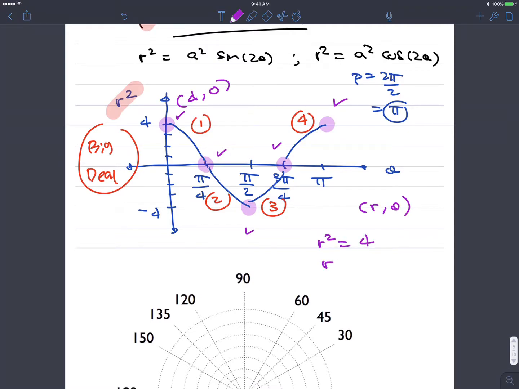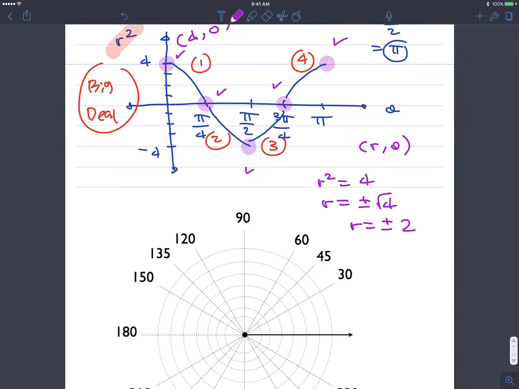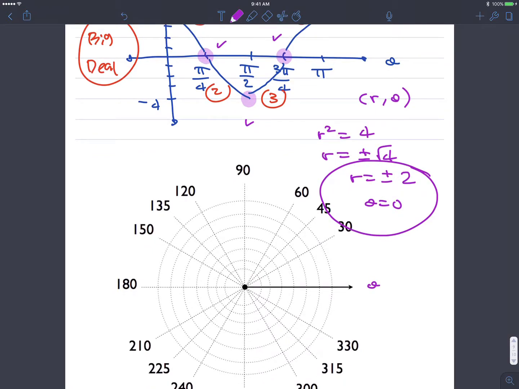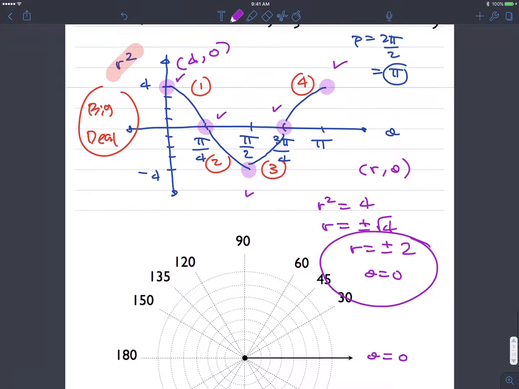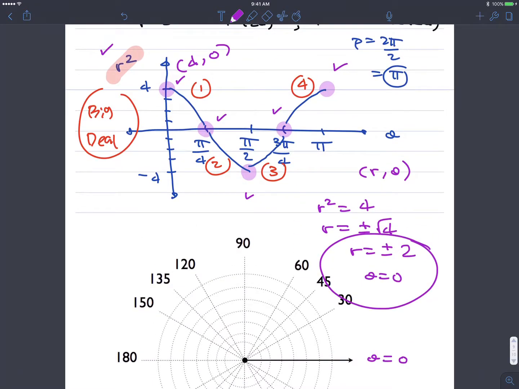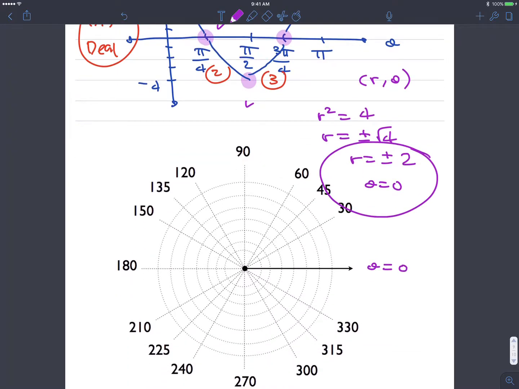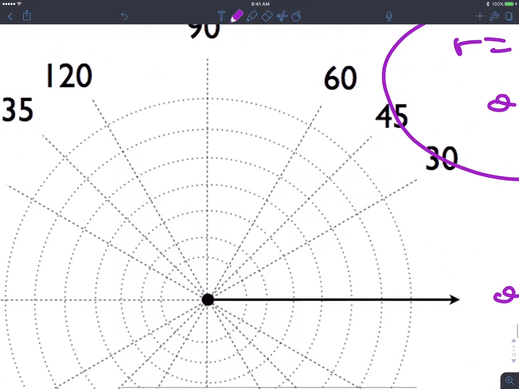But what does that mean about r then? Plus or minus square root of 4. R is plus or minus 2. For what angle of theta? Something for theta being 0. So for theta being 0 right here, I actually have 2 radius values. Is that true? Only because this is actually r squared. So for 2 radius values, they're both positive 2 and negative 2.